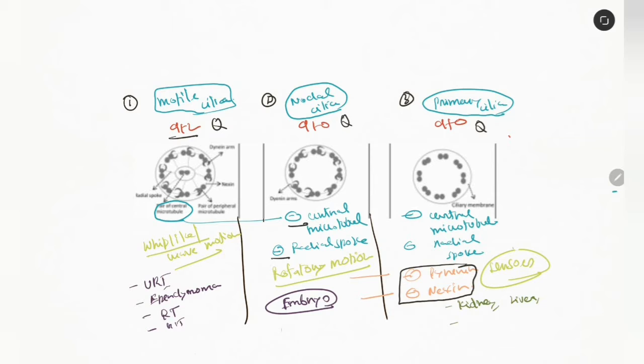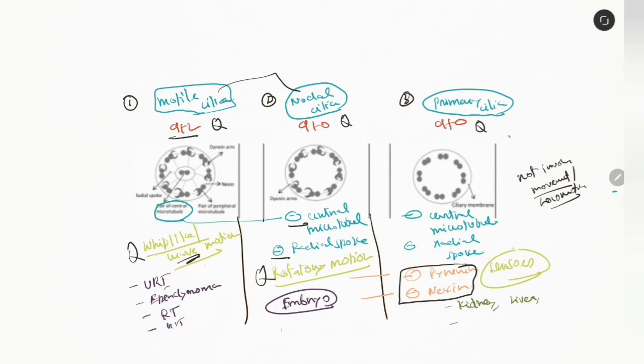So you can conclude that if dynein is absent, primary cilia are not involved in movement or locomotor activity, whereas motile cilia and nodal cilia are involved in locomotion, in which motile cilia generate a whip-like or wave-like motion, whereas nodal cilia are responsible for rotatory motion.